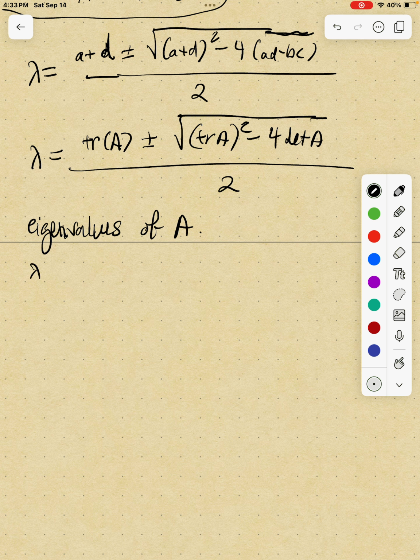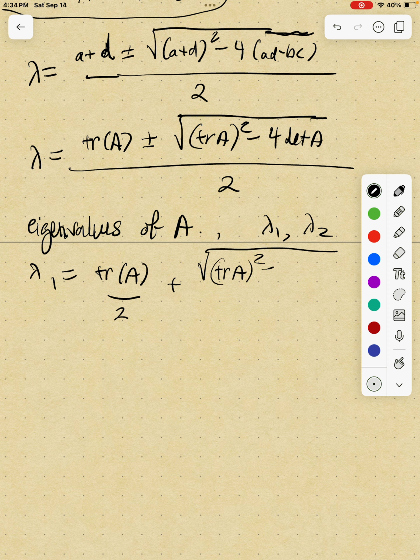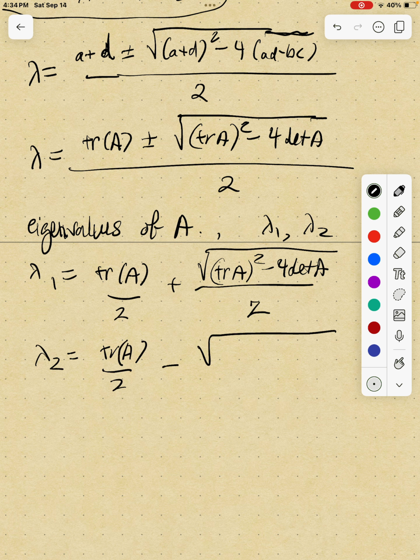Let's say they're lambda 1 and lambda 2. Let's call the one with the plus lambda 1, so it's the trace of A over 2 plus the square root of the trace of A squared minus 4 times the determinant of A, over 2. Lambda 2 is the trace of A over 2 minus that thing, all over 2.